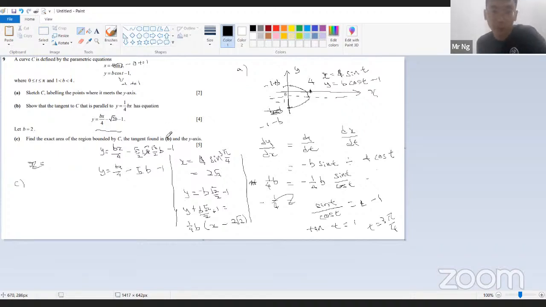Okay, so the x-axis minus b minus 1, then minus b, then minus square root b. So maybe it's here. After that the gradient is b over 4. So this one 4 units, 4 units, you need to move b.